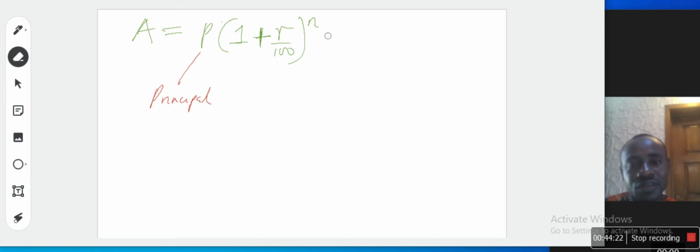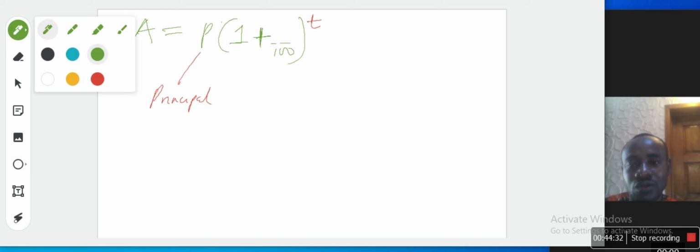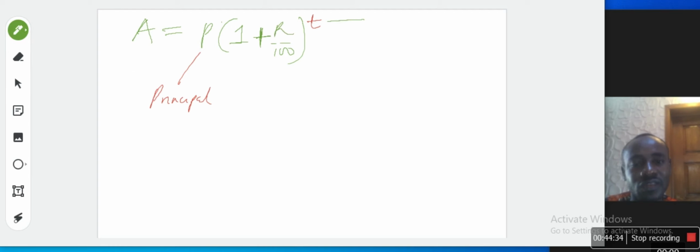R is the rate, which we know already. T stands for the number of years if it is compounded annually.